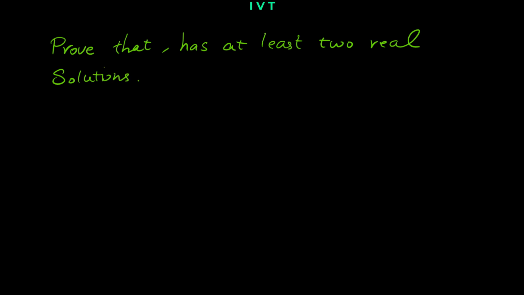Usually, with the aid of the intermediate value theorem, we prove an equation has at least one real solution, but this is a bit of an unusual question. We want to prove the equation has at least two real solutions. Let's see what the equation is. The given equation is this: x to the 2 equals x sine x plus cosine x.